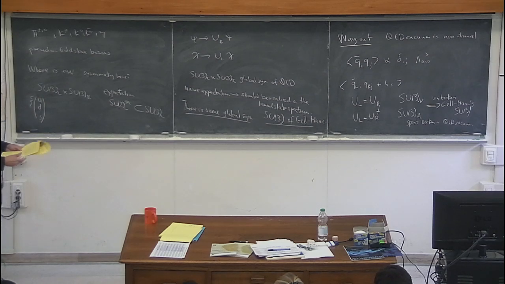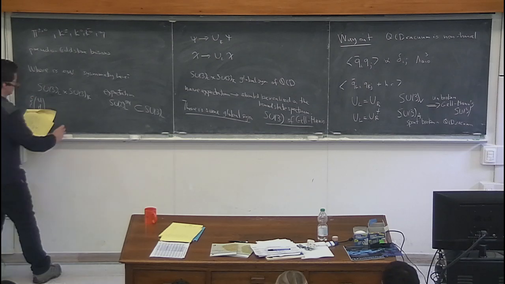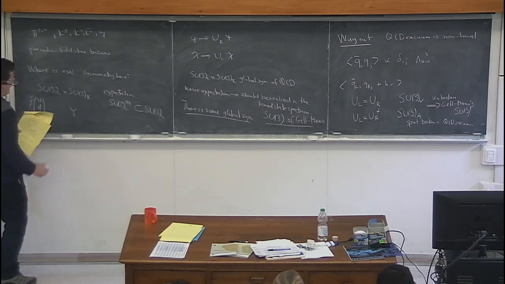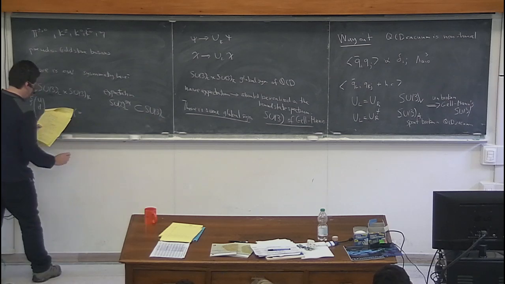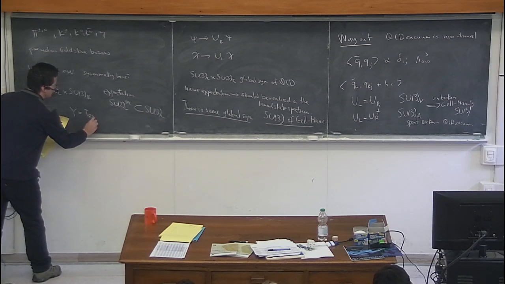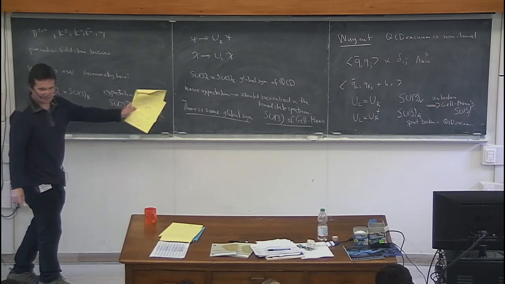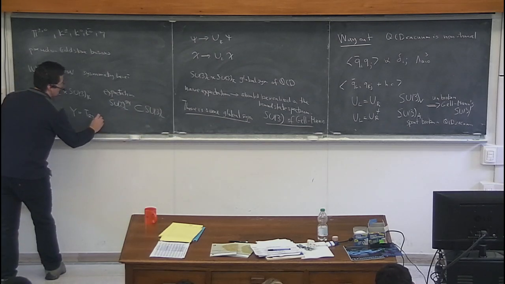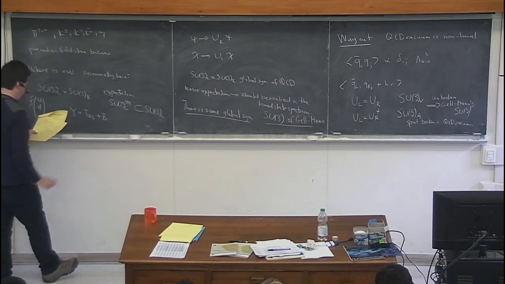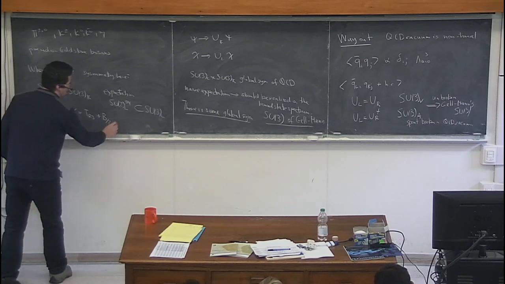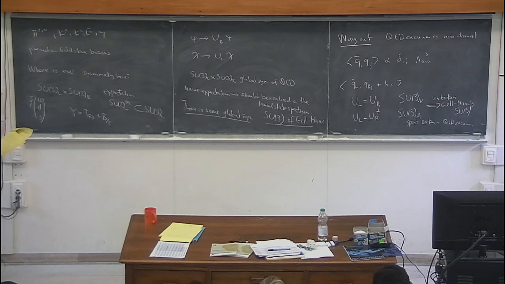And actually, hypercharge can also be embedded. You can check the quantum numbers: hypercharge is just the third component of the right-handed SU3, plus baryon number over 2. Of course, it depends what normalization you use, but okay, very good.